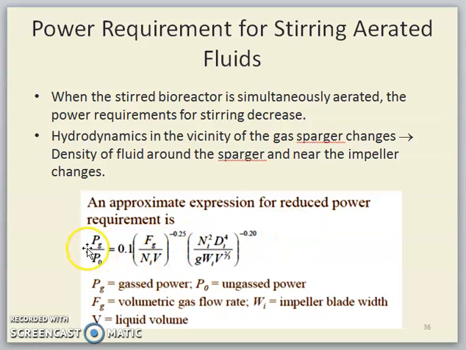Okay, we have the gas power P_g and P naught is the ungassed power. So you can use the equation here in order to find any variables, whether to calculate the gas power or the ungassed power. Okay, so this liquid volume is based on the working volume of the fermenter.